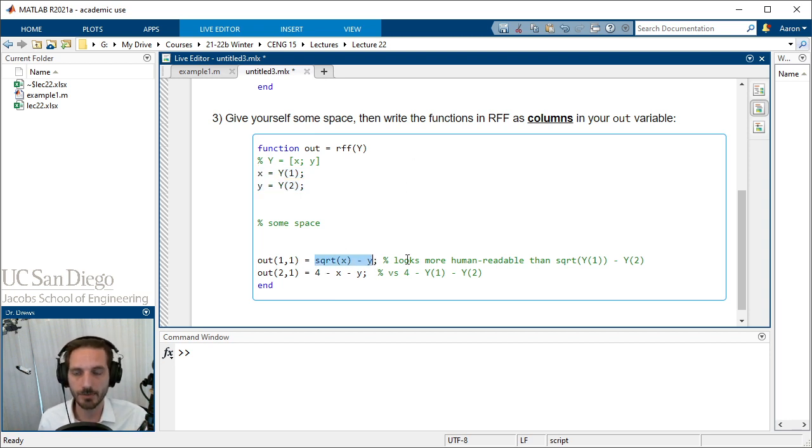And so now when I come down here, I can make this look like the equation that I'm trying to solve, and therefore it's easier for me to debug it. But it's not strictly necessary to extract those values, but I would strongly recommend that you do it because with more complicated problems, it becomes so much easier, just incredibly easier to debug these equations when they're in a more human readable format.